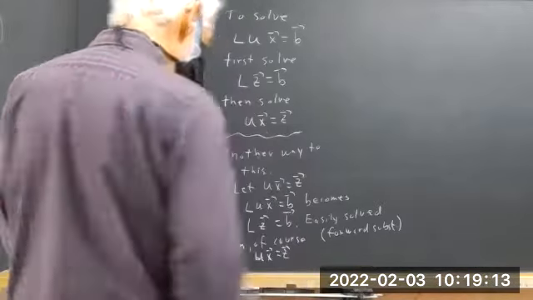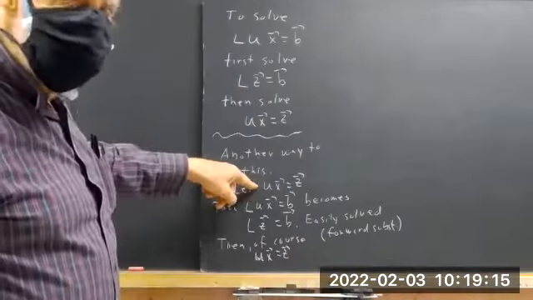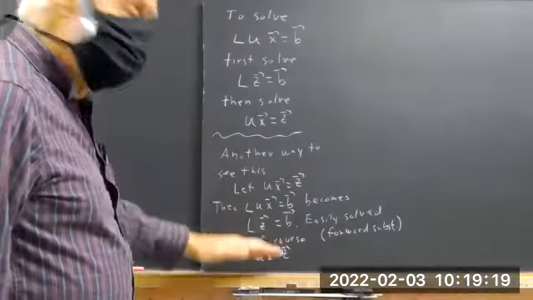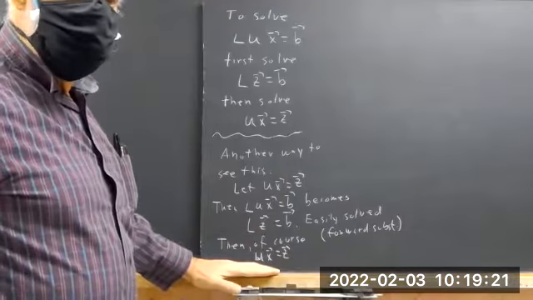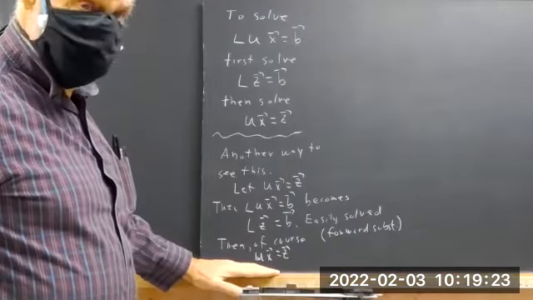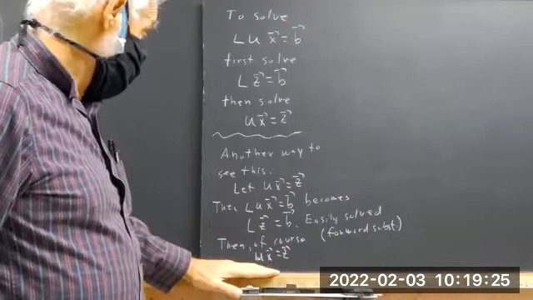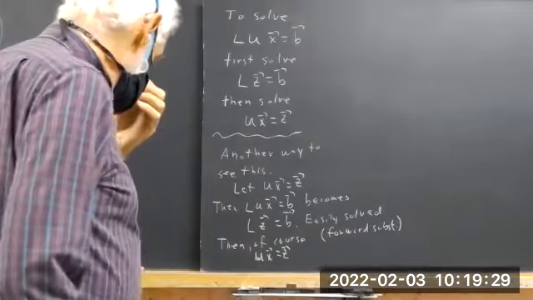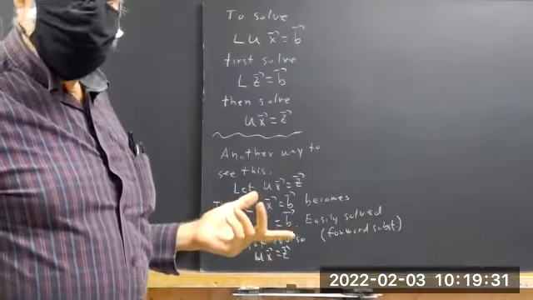Why does Ux equal z? Because you said it was. Because that's the substitution that you use to solve this equation. So that's the process. And I'm going to ask you to do the system this way.